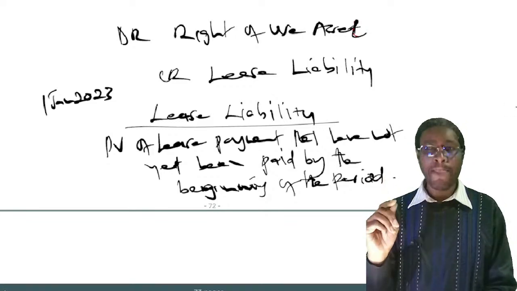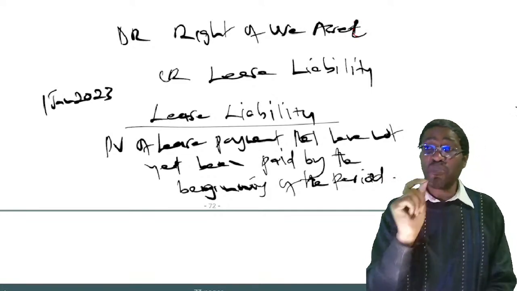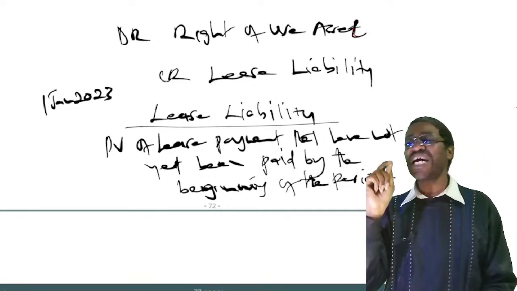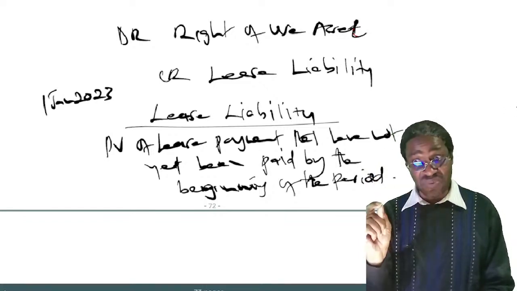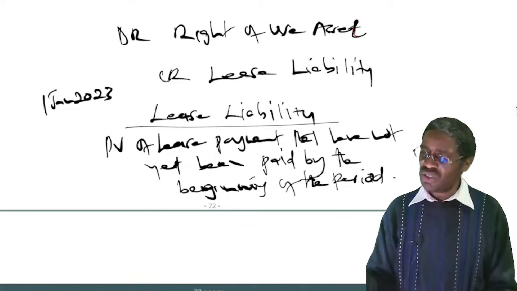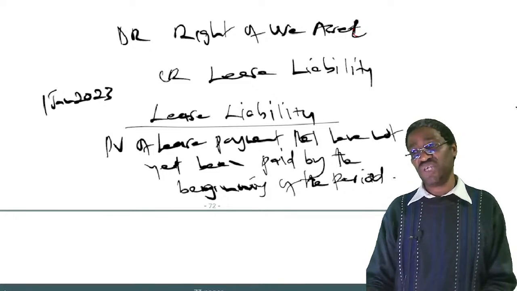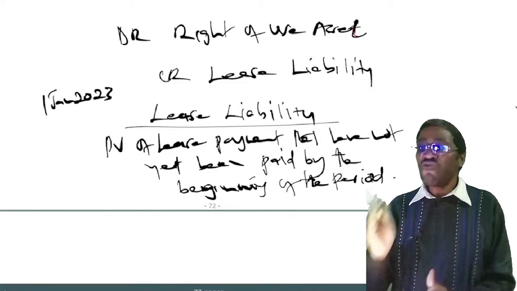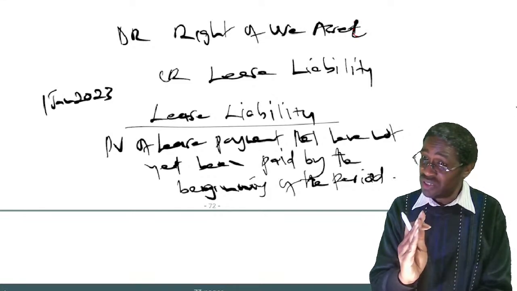Listen, if the question is one where you are told you are paying installments in advance, get the point here? You are paying your installments in advance, then the first one, you are paying it today as we are signing the contract today. So your future obligation is how many installments remaining?